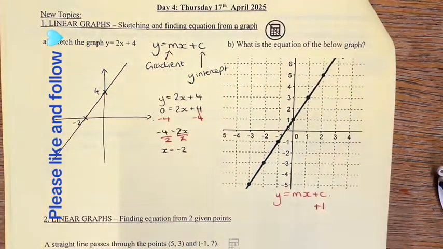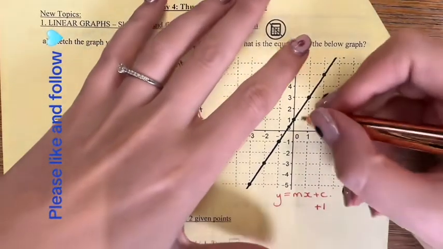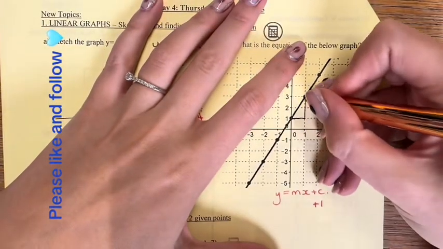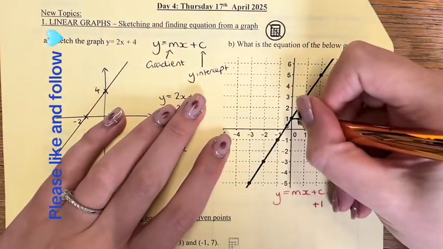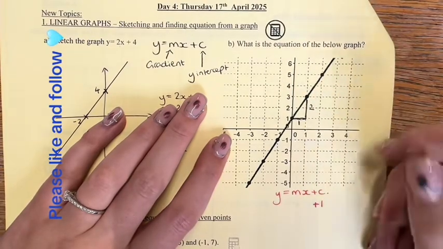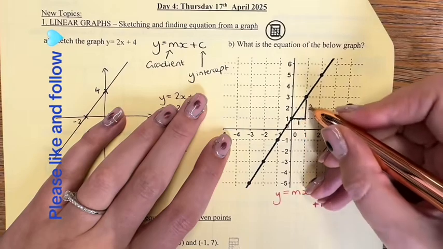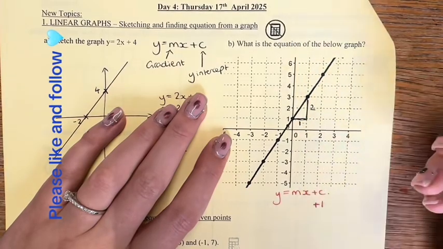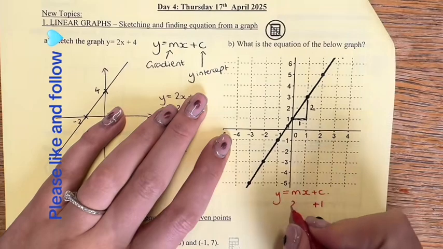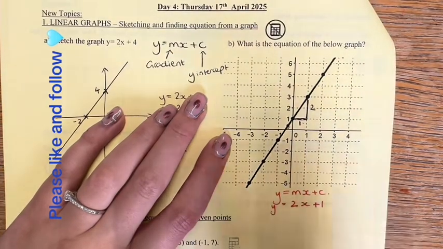You can do this using your formula y2 minus y1 over x2 minus x1, but we can also just draw a little triangle on our graph connecting 2 nice points, and just think for every 1 square I go across, how many squares am I going up? And if it was more than 1, all I would have done is take this number and divide it by this number. So 2 divided by 1 gives me 2. So my gradient is 2. So I'll have y equals 2x plus 1.